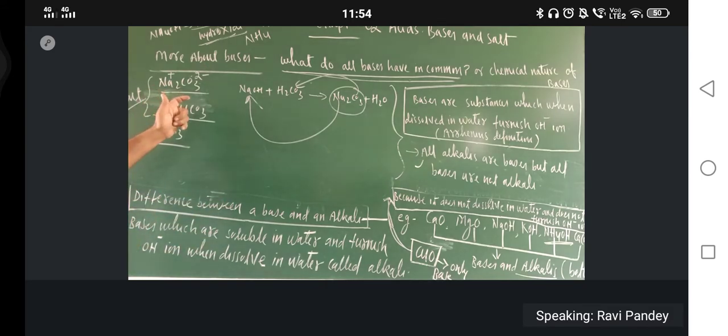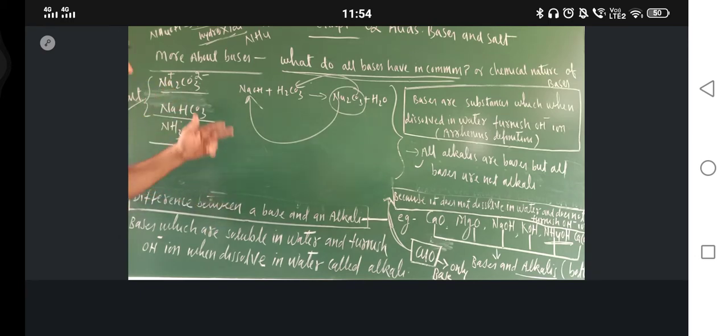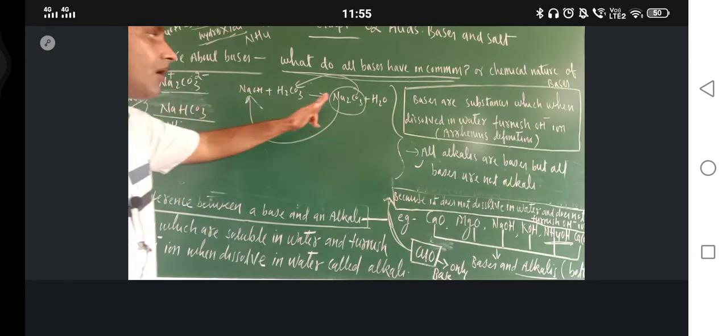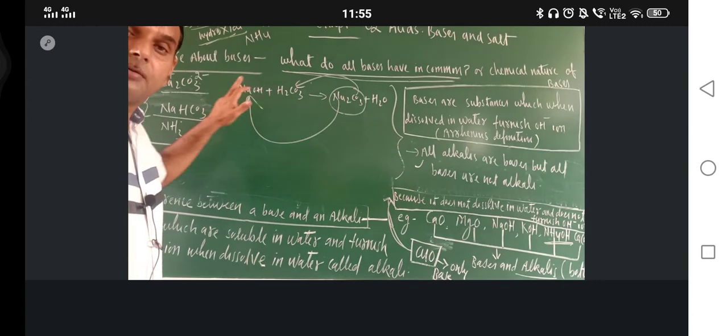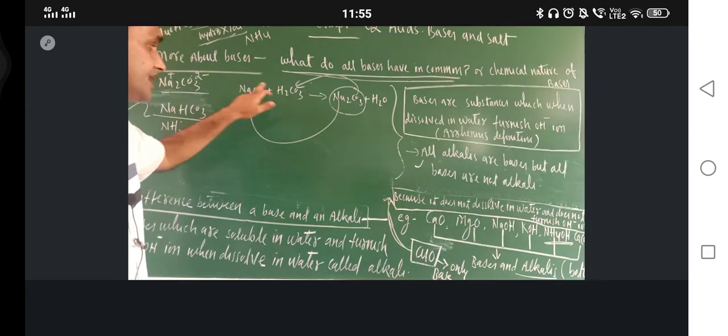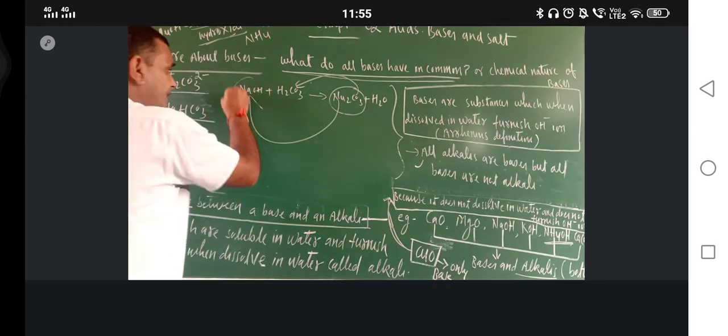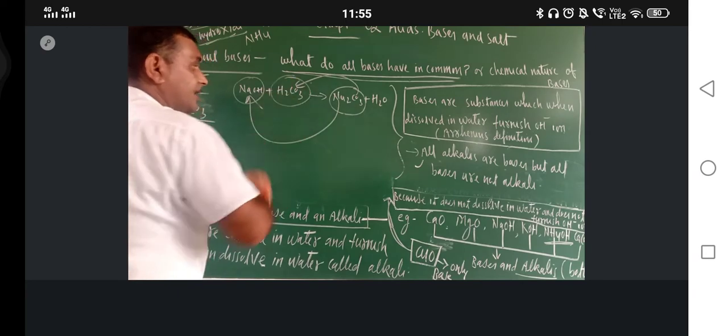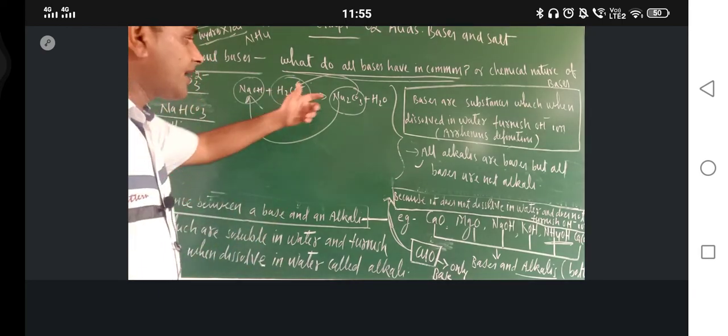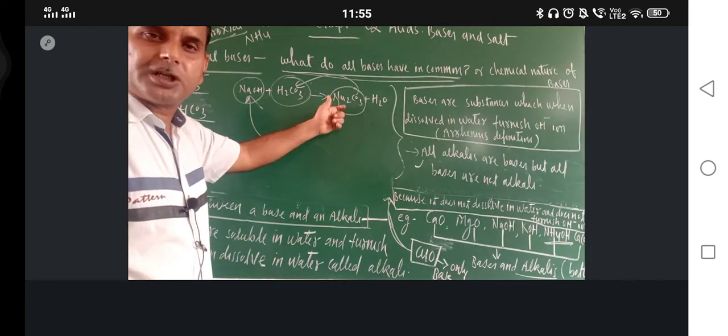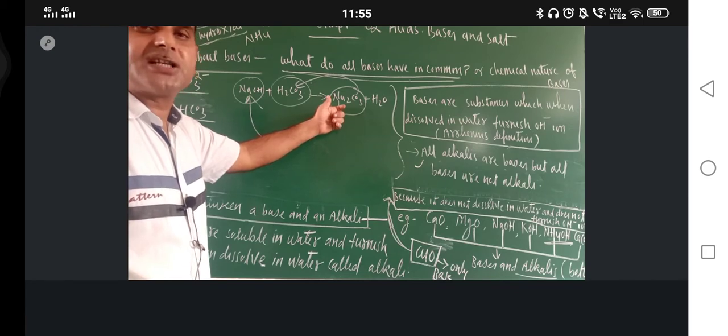So can we say salt is the compound formed by the combination of positive ion and negative ion? Am I correct or not? Or we can say salt is the compound which is formed from acids and bases. Now this is the base and this is the acid which are reacting together and forming Na2CO3. This is one type of neutralization reaction.